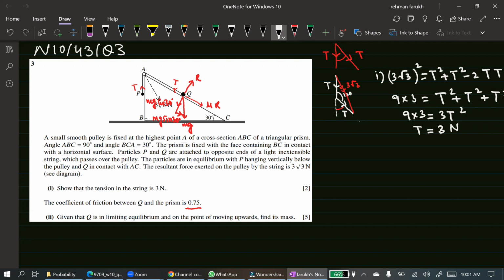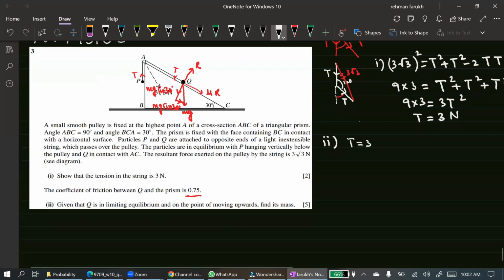Now we will start working on part number 2. Tension we have already calculated. That is 3 newtons. Now we will consider the forces on the particle Q. First of all, equate the forces along the plane.